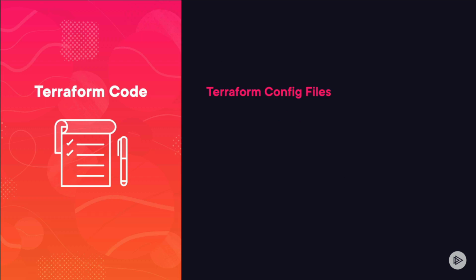Now the Terraform config files that we'll be using are, first, our versions.tf file, which sets the Terraform version as well as the version for the Google provider. We have the gke.tf file, which will allow us to provision our GKE cluster in a separately managed node pool.